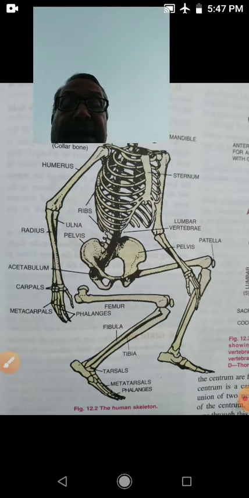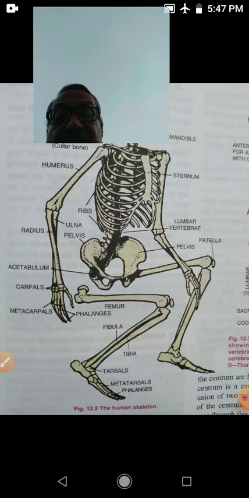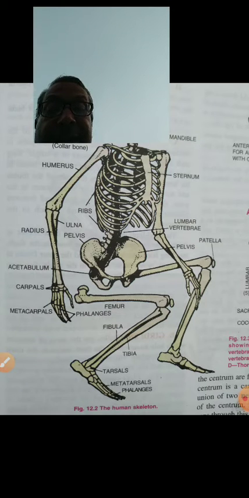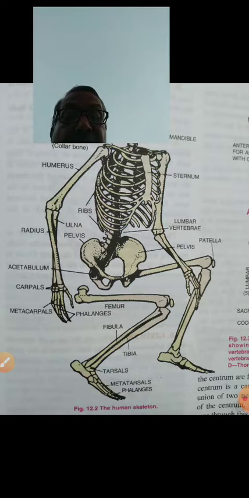So count the bones of the right upper limb, right forelimb: 1 humerus, 2 radius ulna, 8 carpals, 5 metacarpals and 14 phalanges. So 14 plus 5 is 19, 19 plus 8 is 27, 27 plus 2 radius ulna is 29 and 1 humerus is 30. So 30 bones are present in the right forelimb and 30 in the left forelimb.